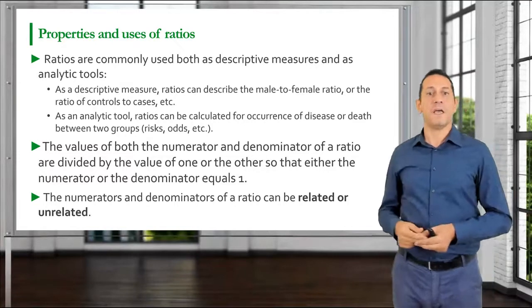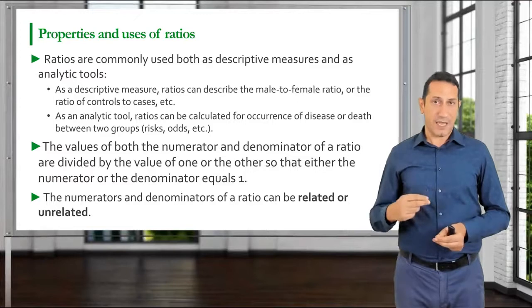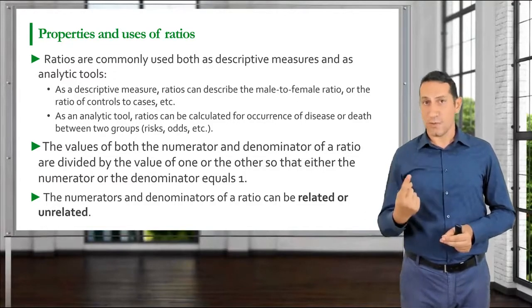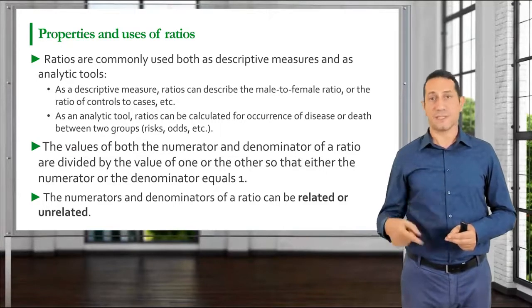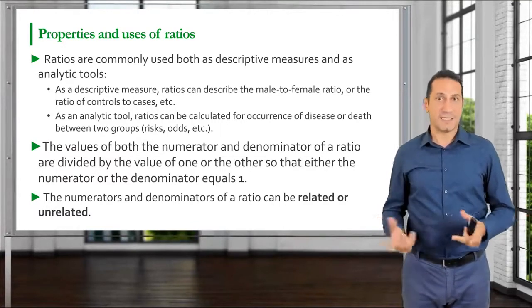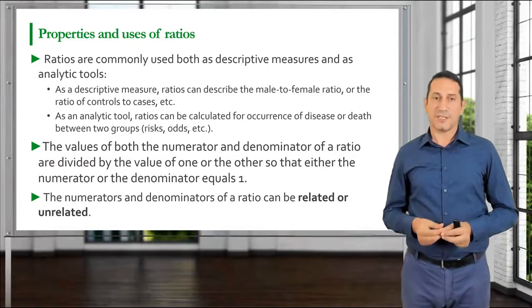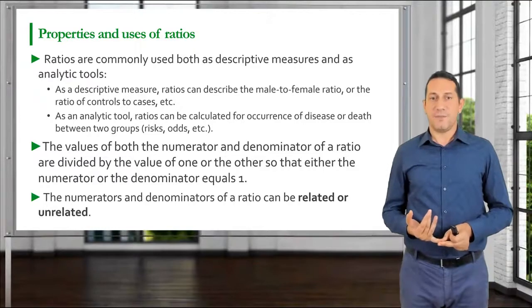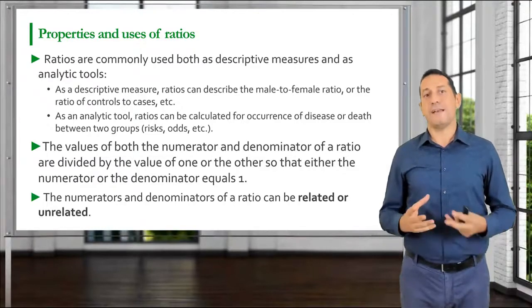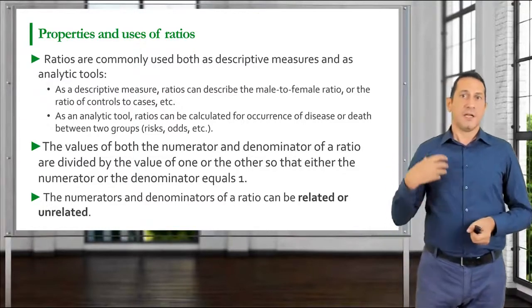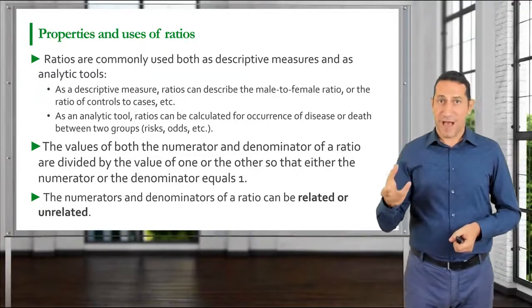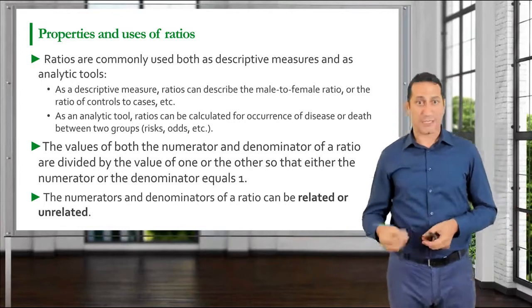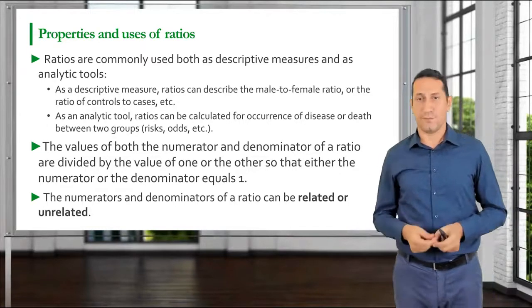And then by applying either one or the other, we could achieve that either the numerator or the denominator becomes equal to 1. And that simplifies the fraction. The ratios also have a numerator and denominator that can be related or unrelated. So it's, let's say, as a numerator we could have apples above apples, but we could have apples above oranges. So that's an unrelated ratio, for example.